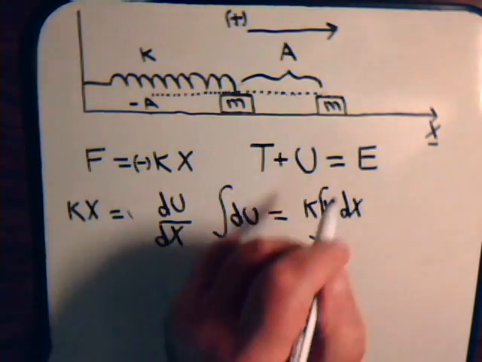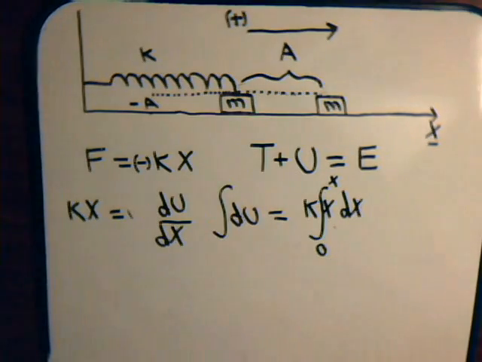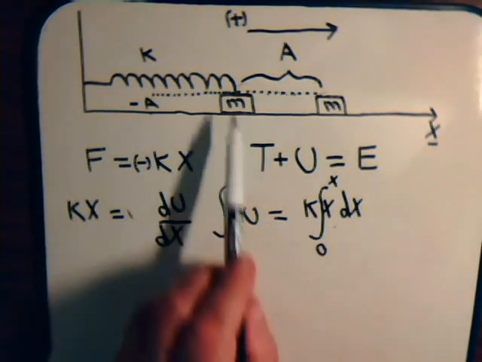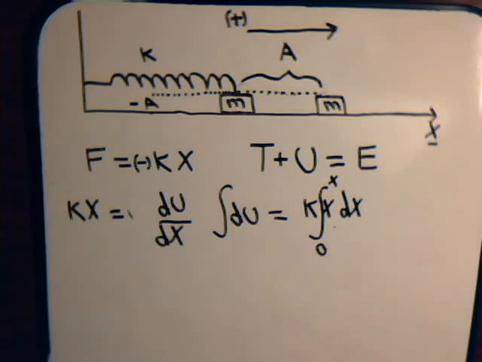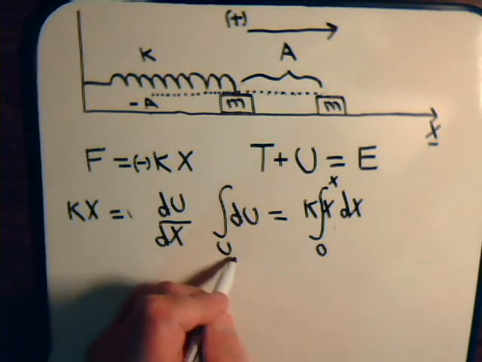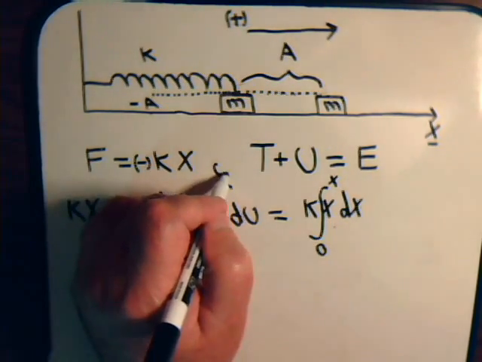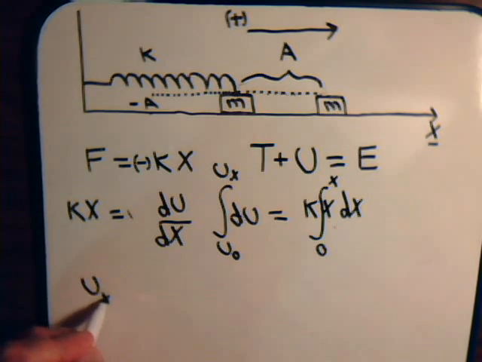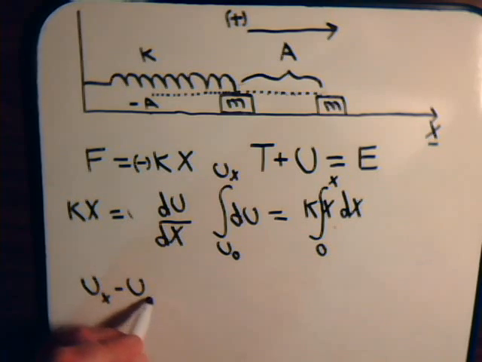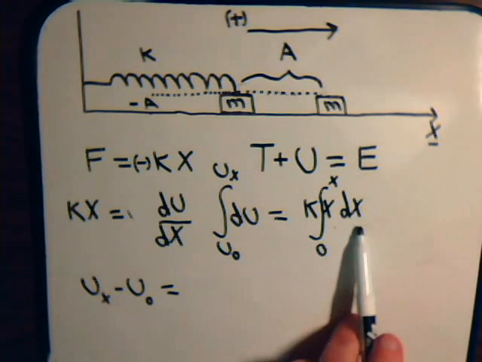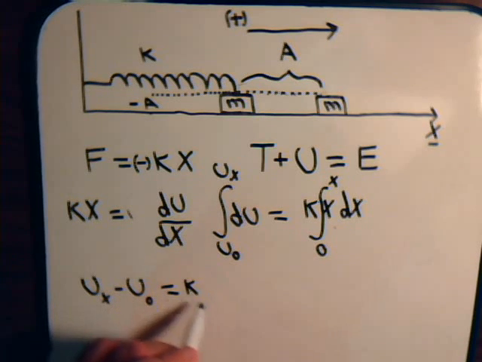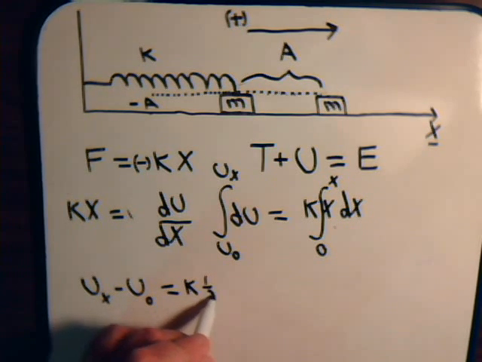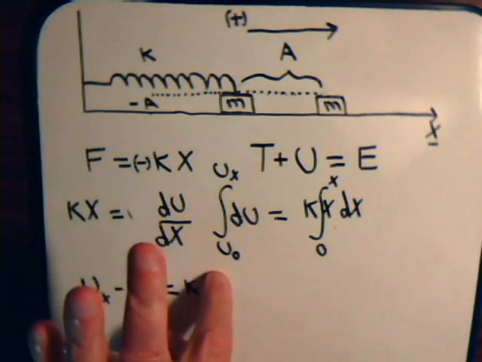Zero means the spring has not been stretched or compressed, with a potential energy U of 0, and here U of x. So this is pretty simple. We have U of x minus U of 0 equals k times 1/2 x squared.